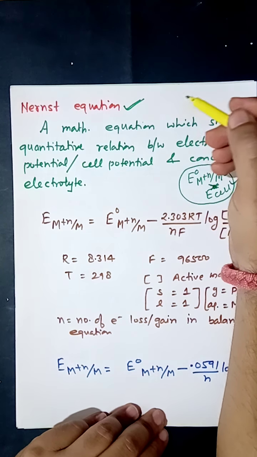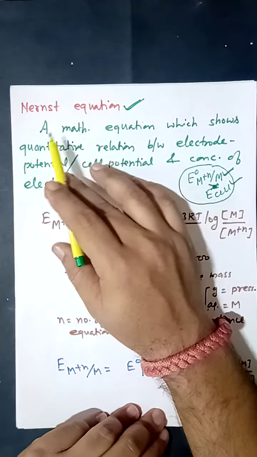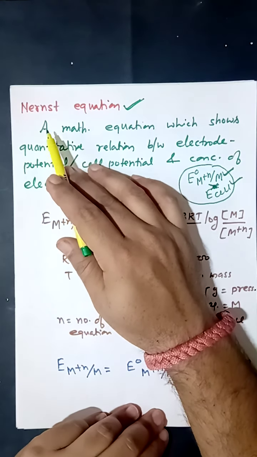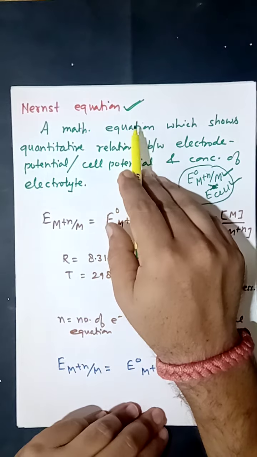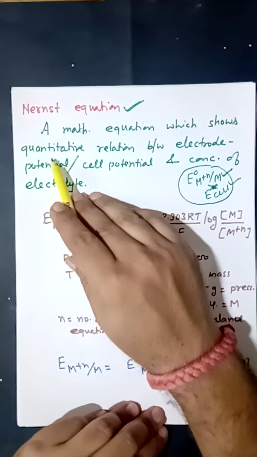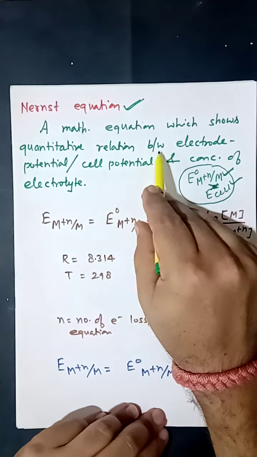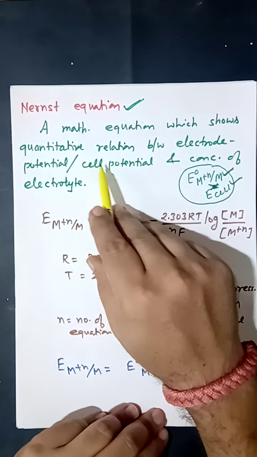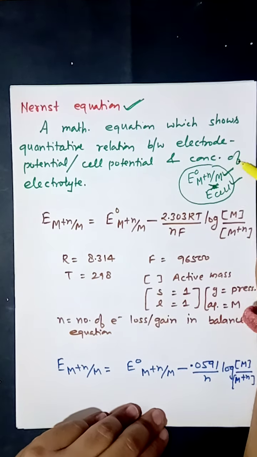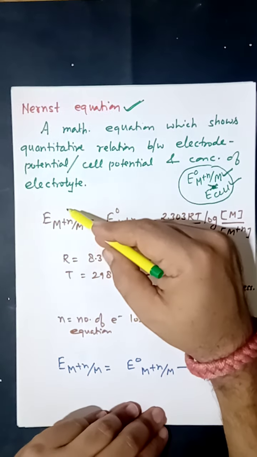You can define it as a mathematical equation which shows the quantitative relation between electrode potential or cell potential and concentration of electrolyte.